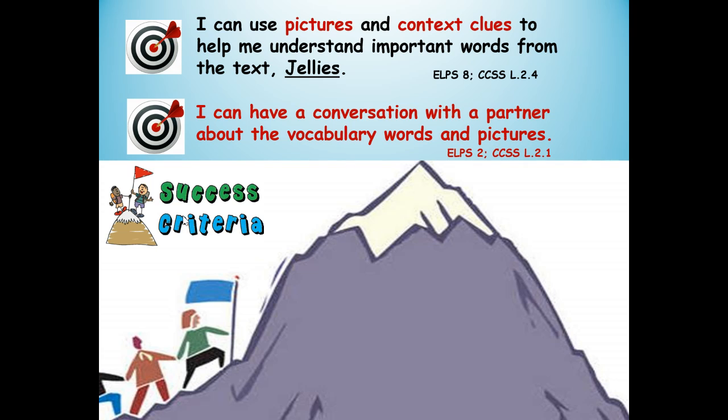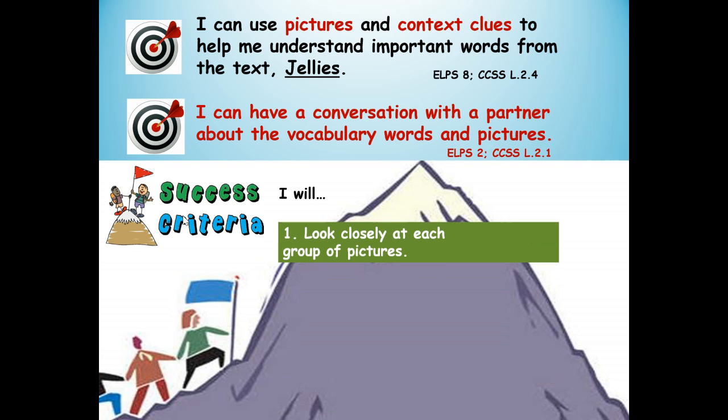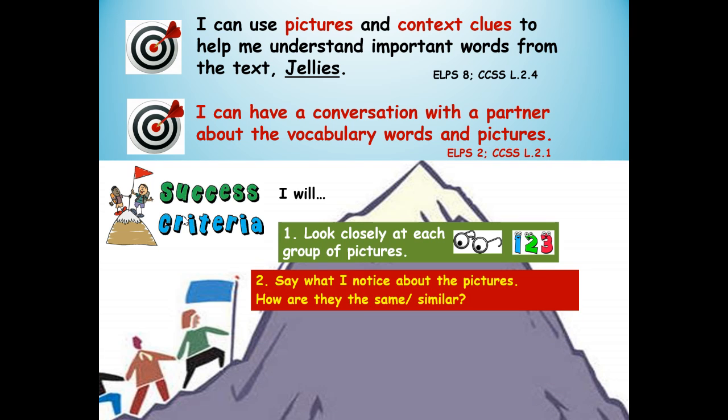Success criteria. That means how will you know you're successful at using pictures and context clues and having a conversation about those vocabulary words? Well, here are our steps to success. I will. Number 1, look closely at each group of pictures. Number 2, say what I notice about the pictures.